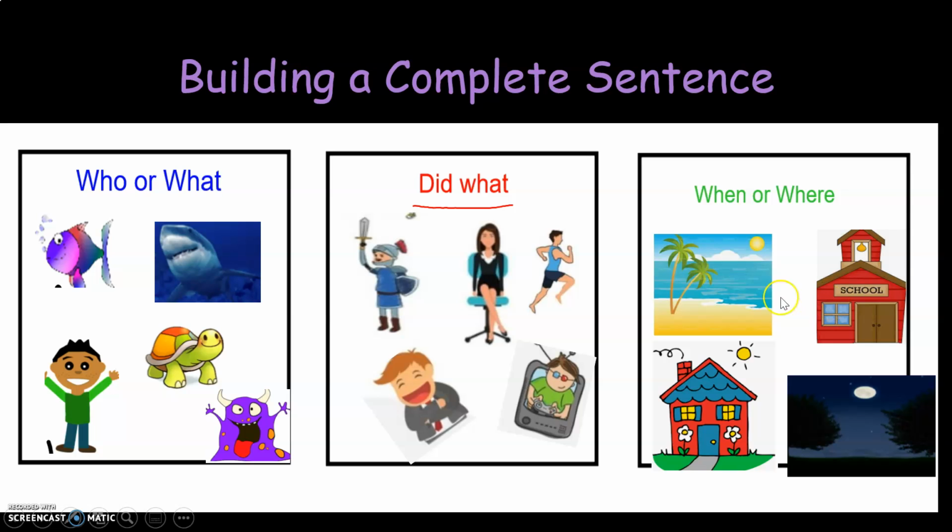Our when or where could be like at school, during the night, or at midnight. It might be at the ocean or at the beach, outside during the day, or it could be at my house during the day or outside my house, in my front yard.